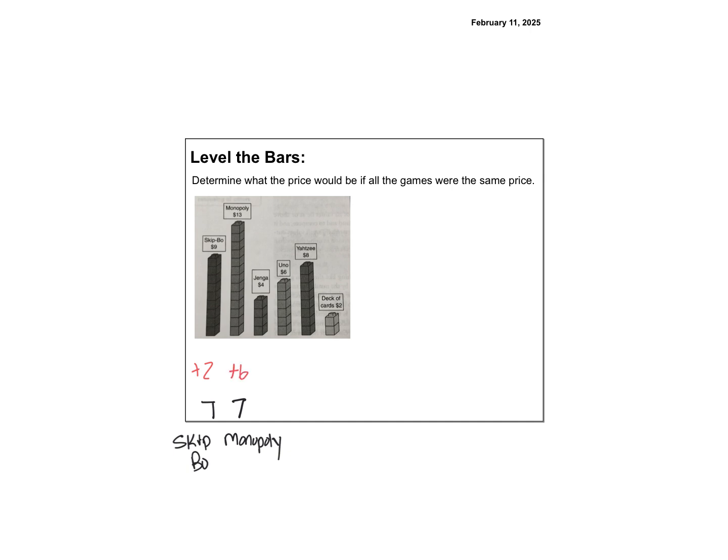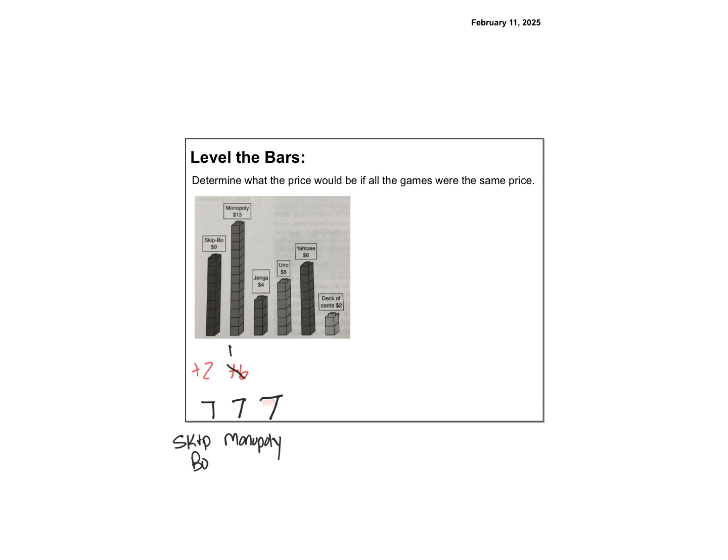Now look at Jenga. If I want Jenga to be there, okay, I'm going to need to get some out of this. So if I want Jenga at 7, what I need to do is I need to borrow 3 from here.